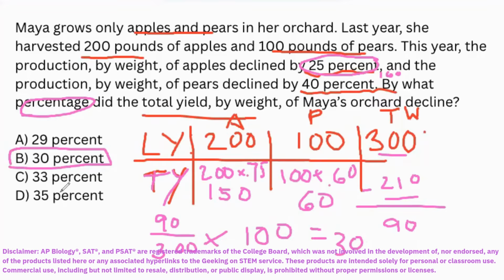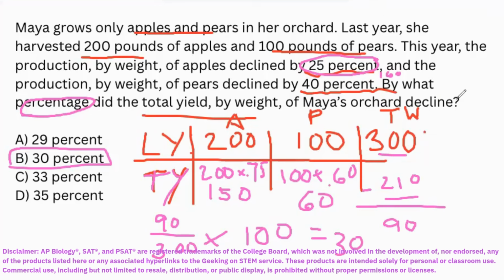So that would be something where you have to create your own table and you're given a lot of information to try to deduce or come up with a projected answer. Now, key things to indicate here, if you are given a PSAT or SAT question, note that they're talking about some sort of growth. In general, products like apples and pears or students, they usually increase in growth. They're still growing.